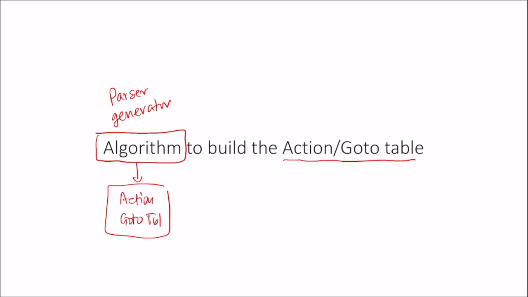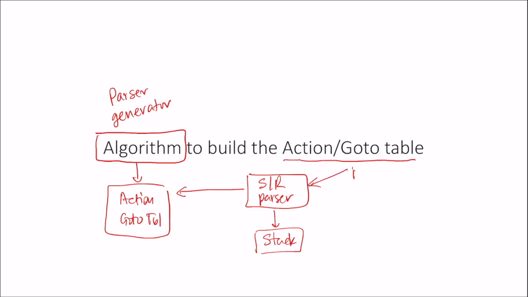So this action goto table is then consulted by the shift reduce parser, which has access to a stack. This shift reduce parser will take input strings, produce parse trees or derivations. So this algorithm, when you produce an action goto table, can then be directly used by the shift reduce parser along with the stack to convert input strings into parses.